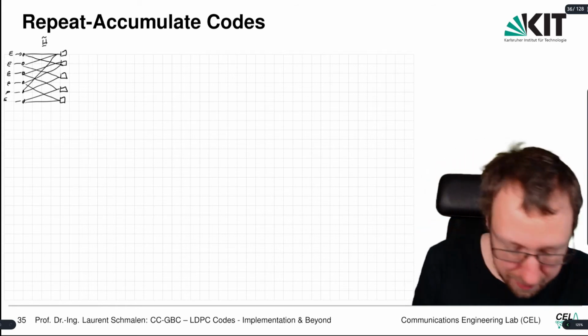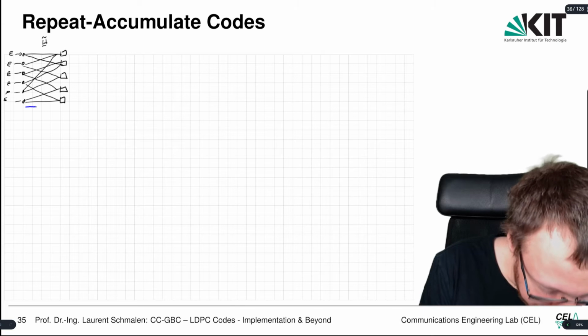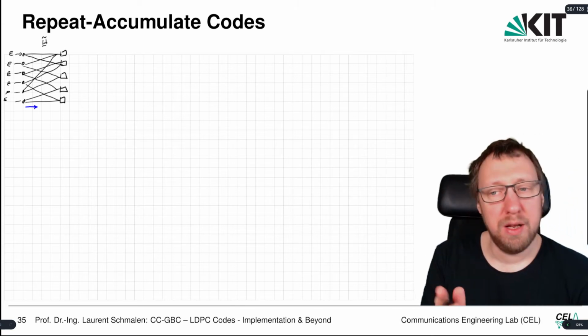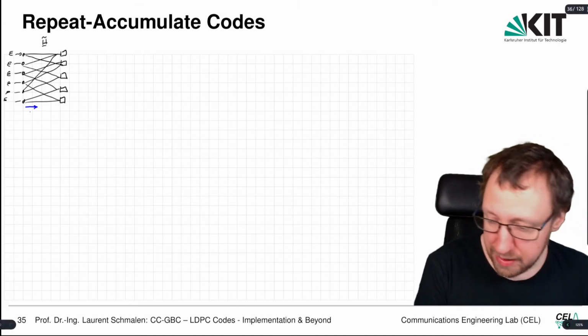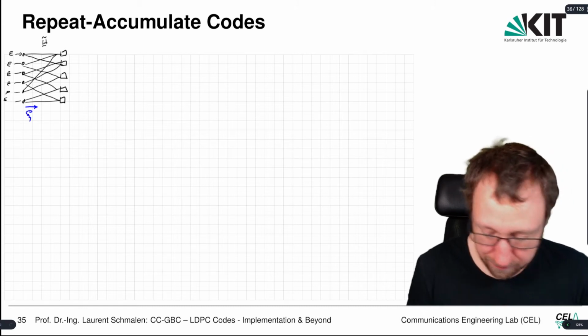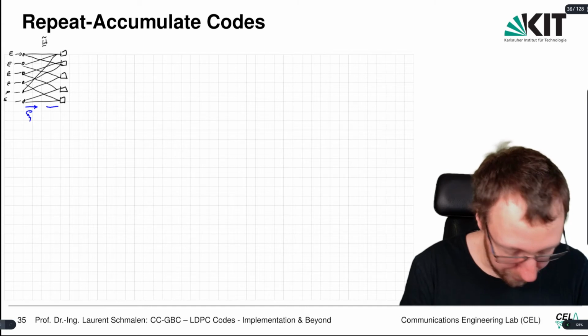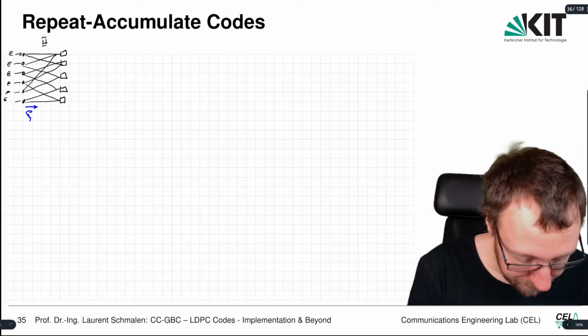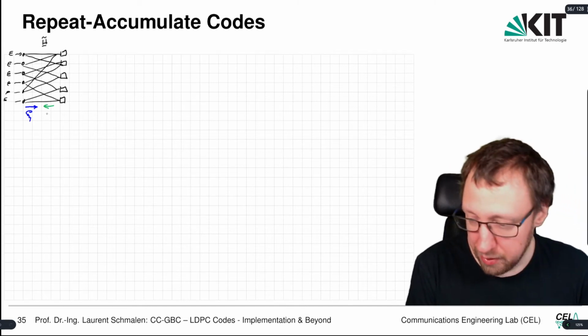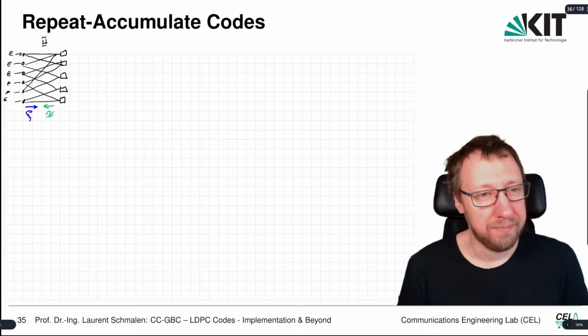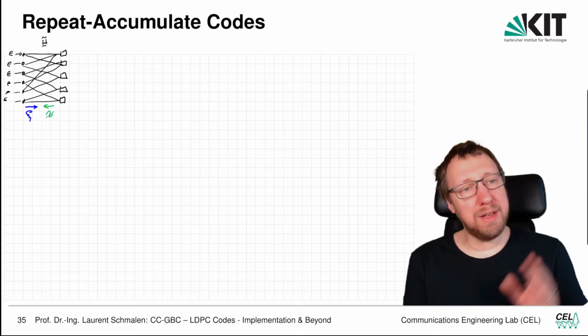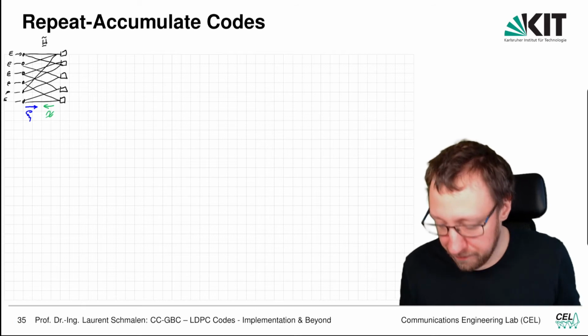So we have the erasure probability of the messages sent from variable to check node, we define this to be xi. The messages coming from check to variable node, we define those to be equal to chi. And now we have this special structure.